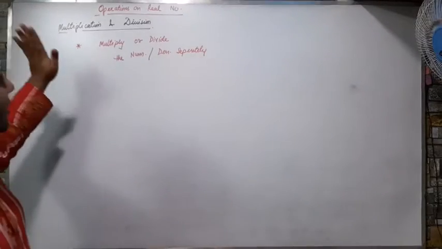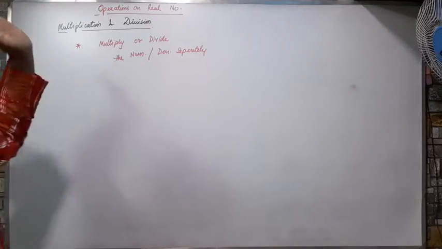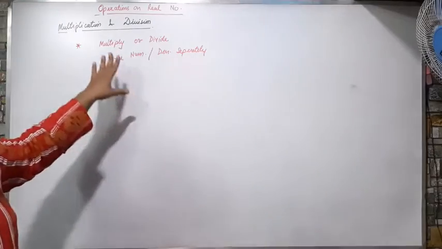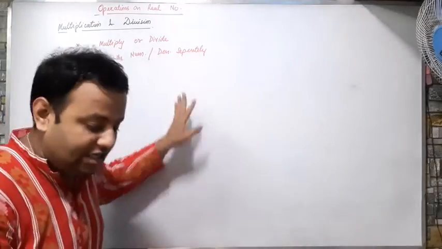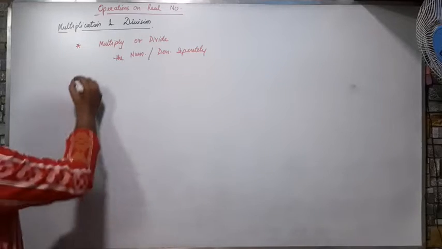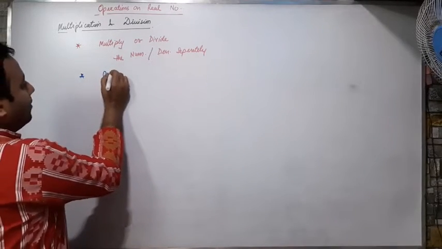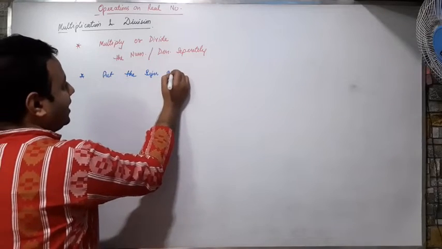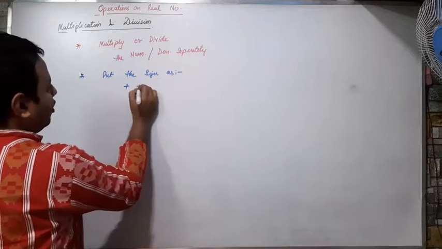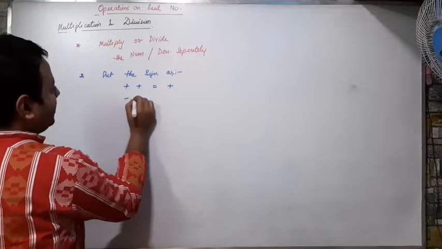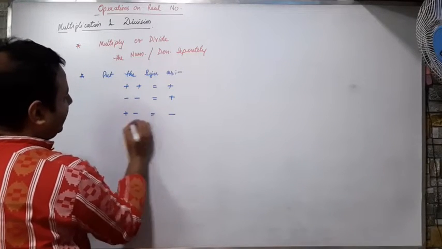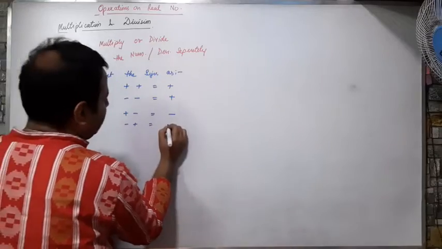But in case of multiplication or division, I have to separately multiply or divide the numerators and multiply or divide the denominators. And the second rule, put the sign as: positive positive is positive, negative negative is also positive, positive negative is negative and negative positive is again negative.